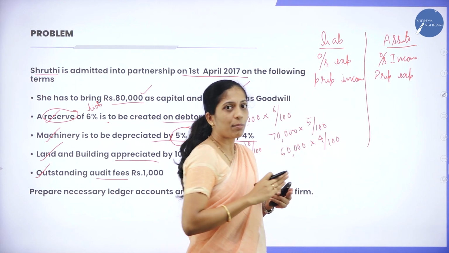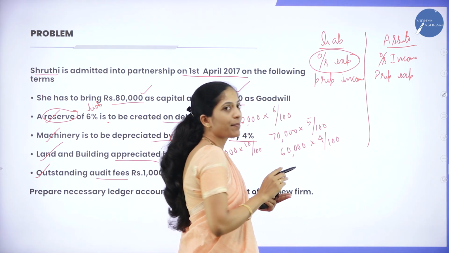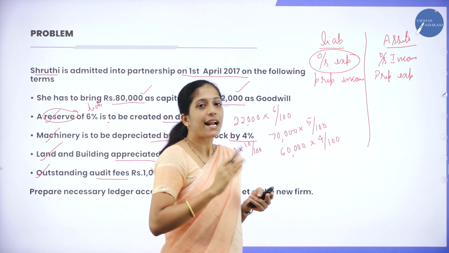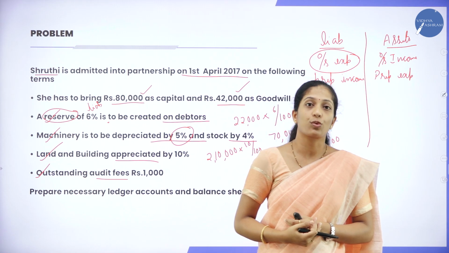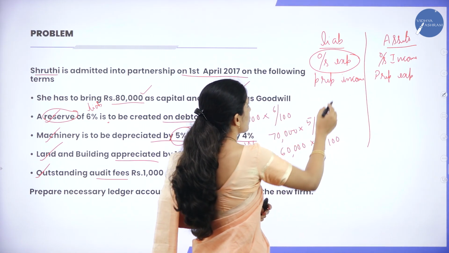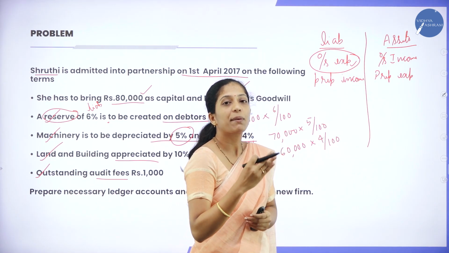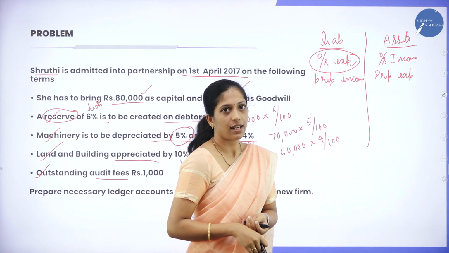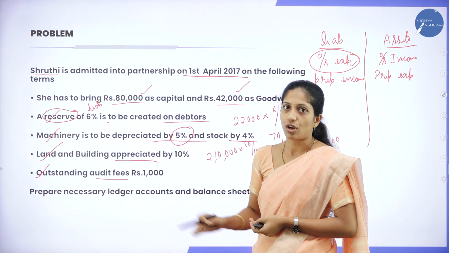So remember this one point: outstanding expense is a liability, the reverse, outstanding income, is an asset, prepaid income will be a liability and prepaid expenses will be an asset. If you remember these 4 items, it's very easy to solve the problem.